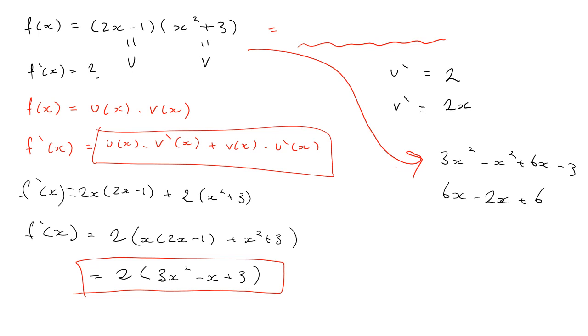And if we group it by 2, it becomes 2 times (3x squared minus x plus 3), which is equal to this. Okay.